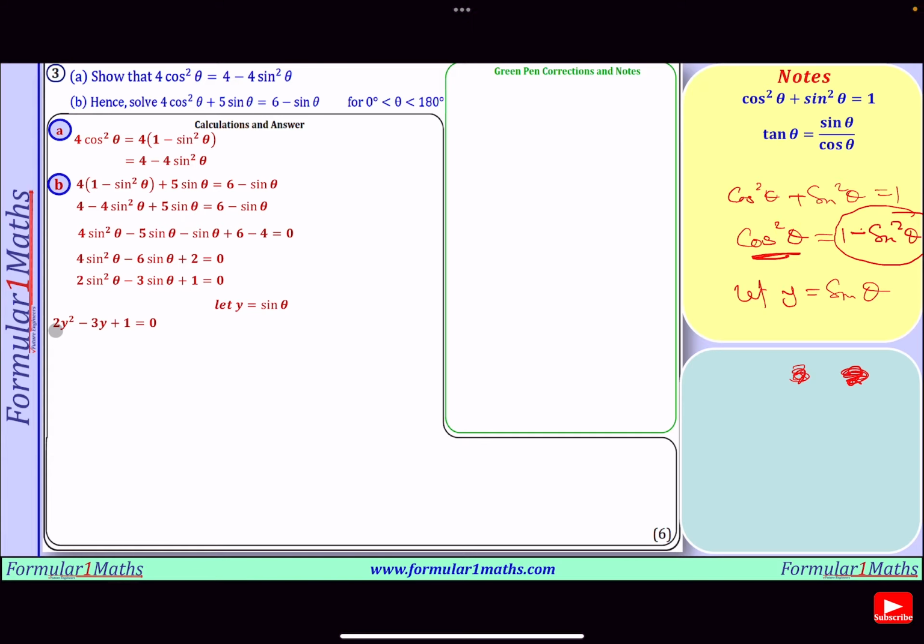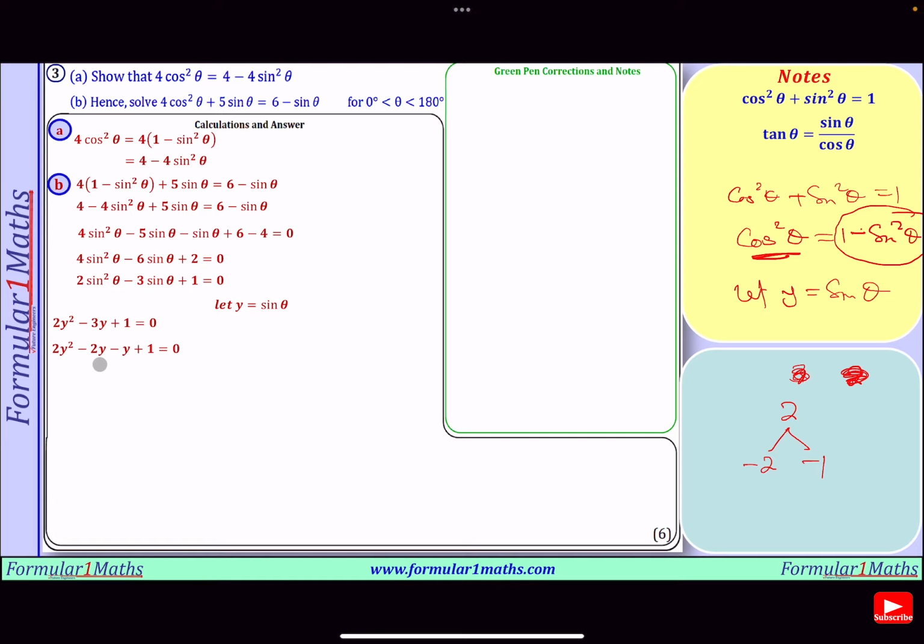If I multiply 2 by 1, I'll get 2. Now I want 2 factors which will add to give me minus 3. So 2 factors of 2 which add to give minus 3 will be minus 2 and minus 1. I know that minus 2 times minus 1 is 2, and minus 2 minus 1 is minus 3. So I can put those 2 factors to represent minus 3y, and I'll get this. Then I'll look at this term and this term.